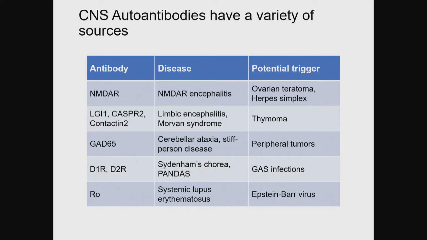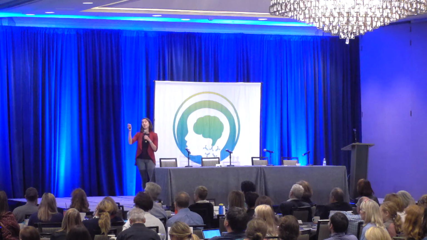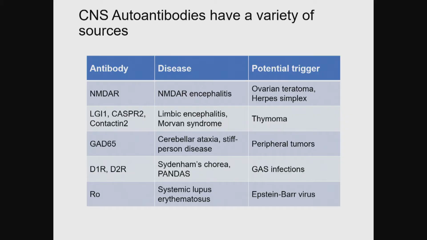And indeed, in the first cohort of NMDA receptor encephalitis patients, that was almost an inclusion criterion: presence of an ovarian teratoma that expressed the NMDA receptor on those tumor cells. But thymoma, a tumor in the thymus, can also be linked to several different autoimmune encephalitis conditions.